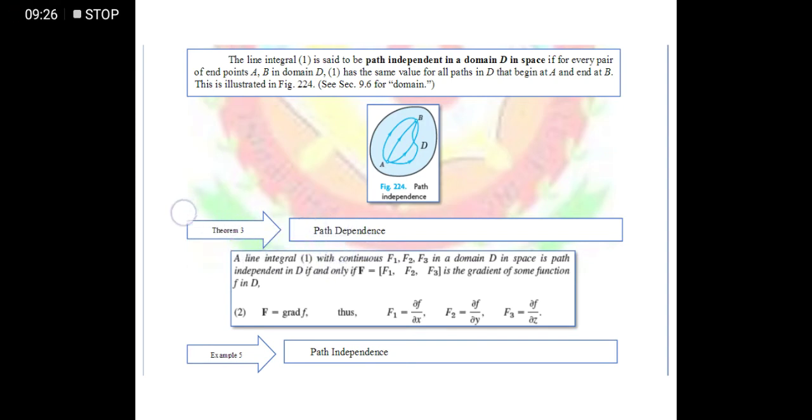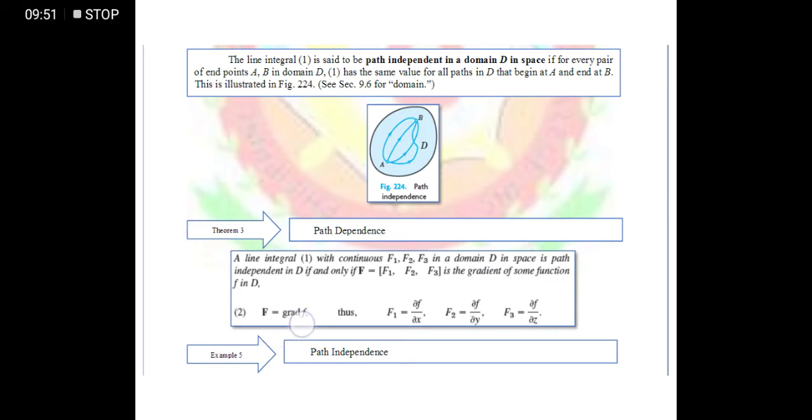Sabi dito, masasabi mo na yung function mo is path independent if and only if yung F mo na i-integrate mo with respect to some path is equal to gradient of some function f na small letter f.